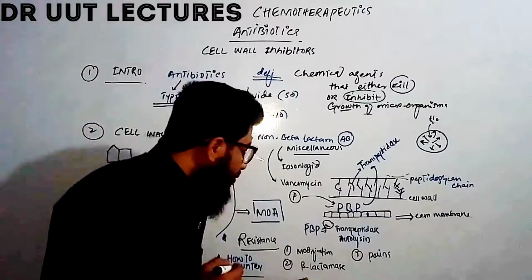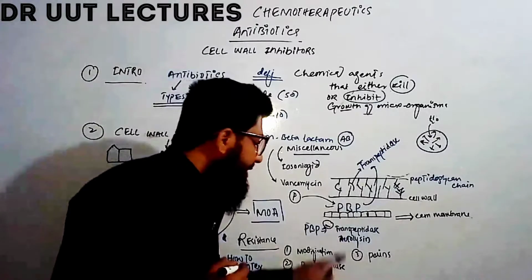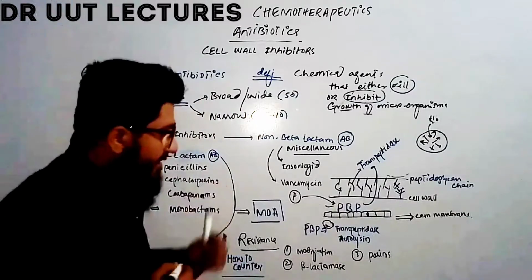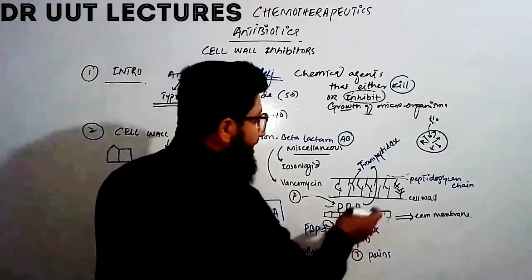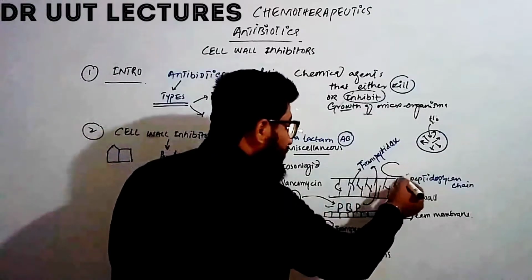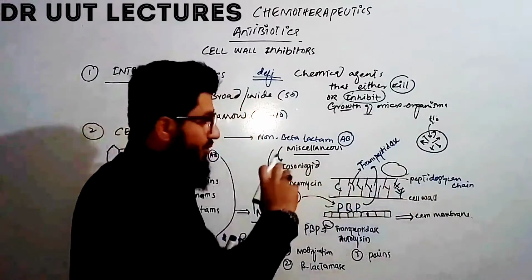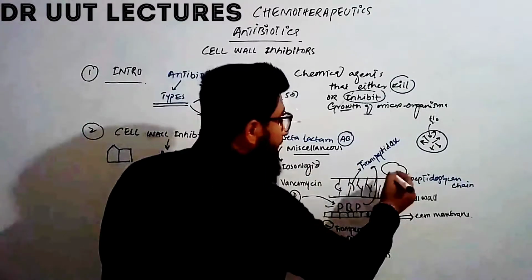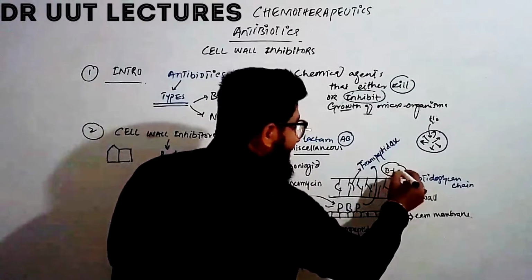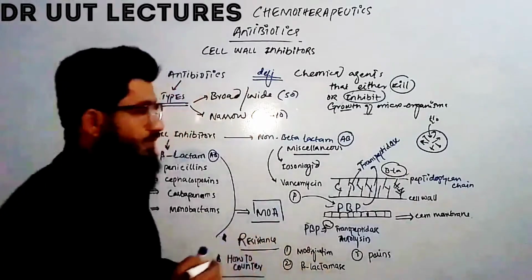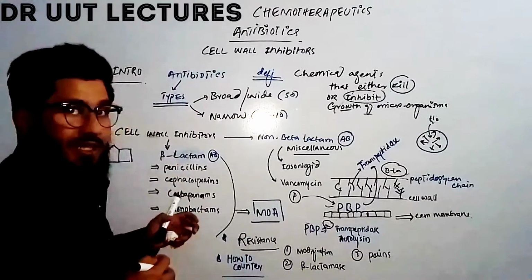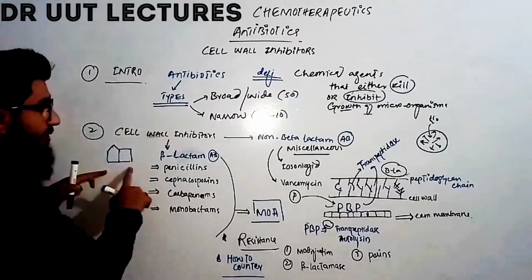Number two, the bacterium produces beta-lactamase enzymes. When these are produced, they will come and cover the cell wall, so they will be available on the cell wall of the bacterium. Here we have our beta-lactamase. Whenever we give beta-lactam antibiotics, they have a beta-lactam ring.